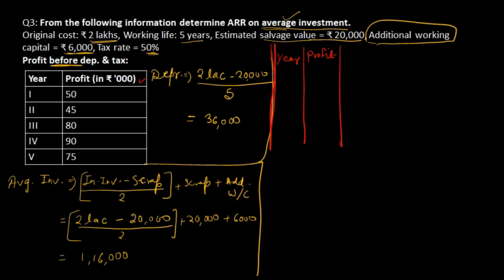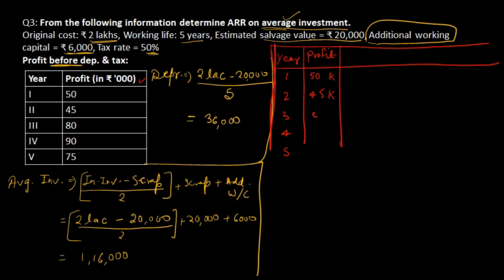So first we'll note down these profits. First year it is 50,000, then 45,000, then 80,000, then 90,000, and then 75,000.